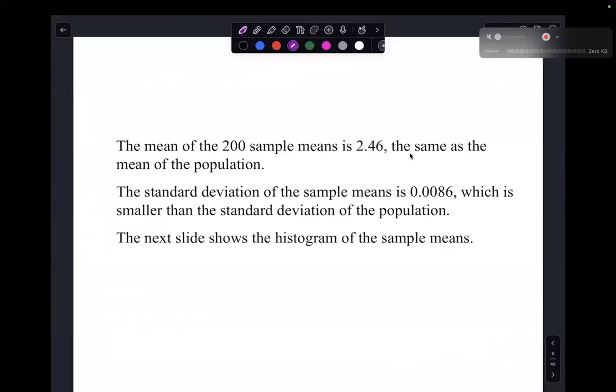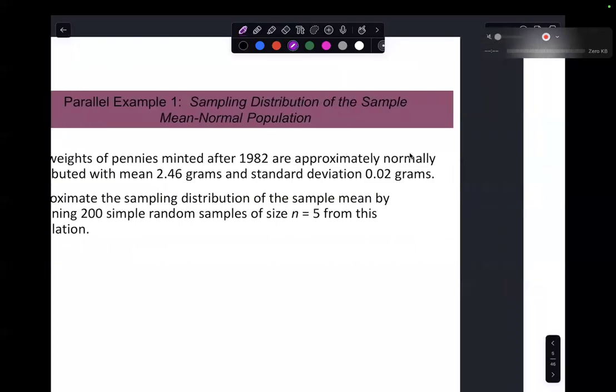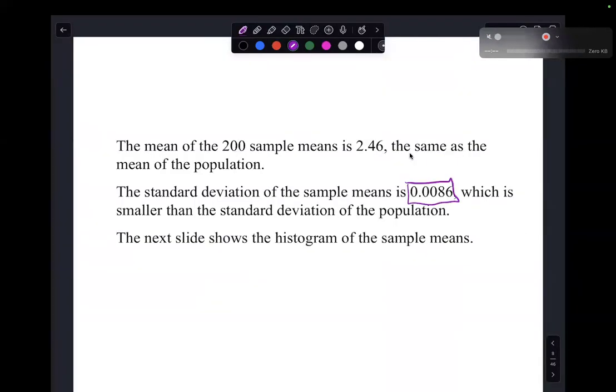The standard deviation, on the other hand, is a lot smaller because my data values are now averages. It kind of brings everything to the center. They're all closer to each other because they're all averages. So my standard deviation got significantly smaller, because back here my standard deviation was 0.02. This is significantly smaller than 0.02 because it is the standard deviation of all the means.